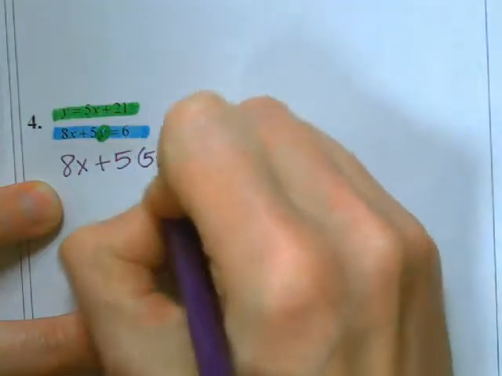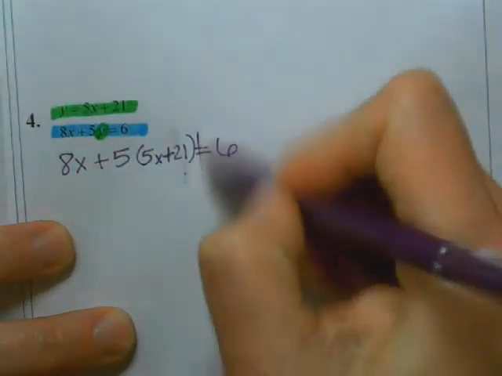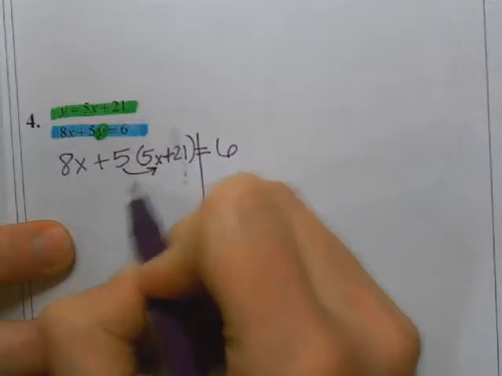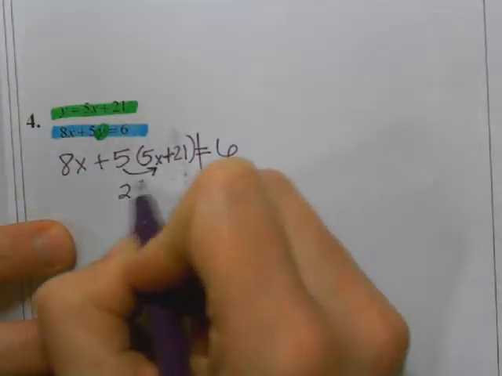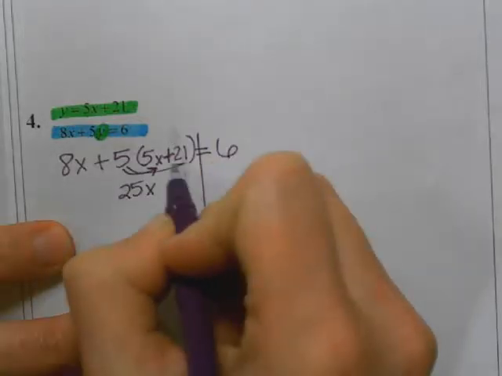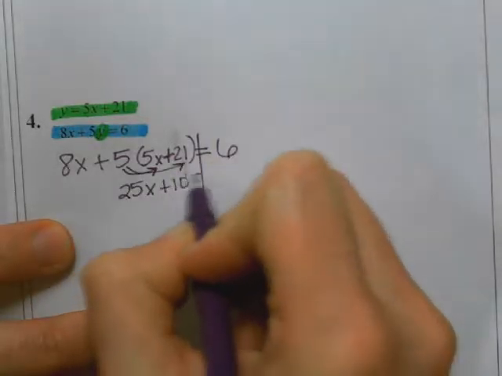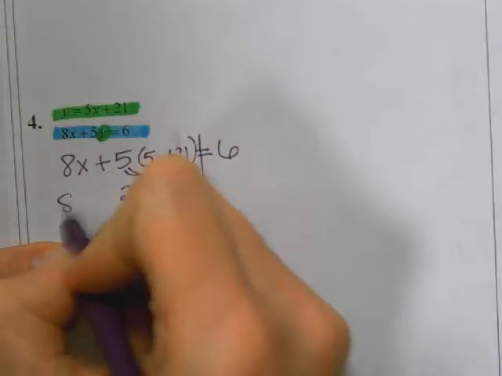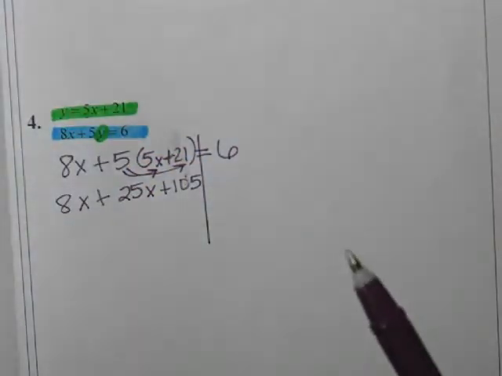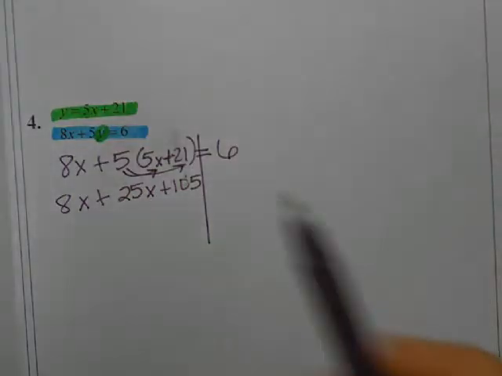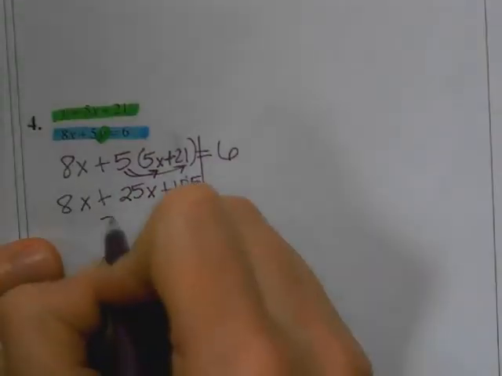Plus 21. Okay, so now we're just going to draw our border and divide. So this, solve. So this is 5 times 5 is 25x, and 5 times 21 is 105. And then 8x over here. And then we combine our like terms. So 25 plus 8 is 33.